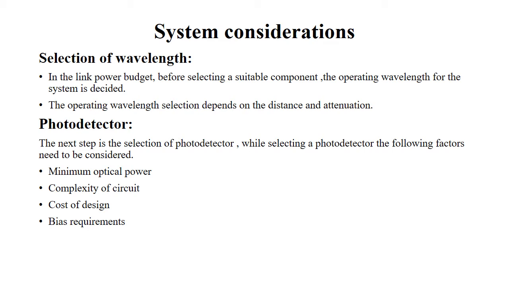Third one is cost of design, and the fourth one is bias requirements. These are the system considerations of a digital transmission system. The main advantages of the photodiodes are that they are simple, need less bias voltage, are less expensive and are more stable with changes in temperature.